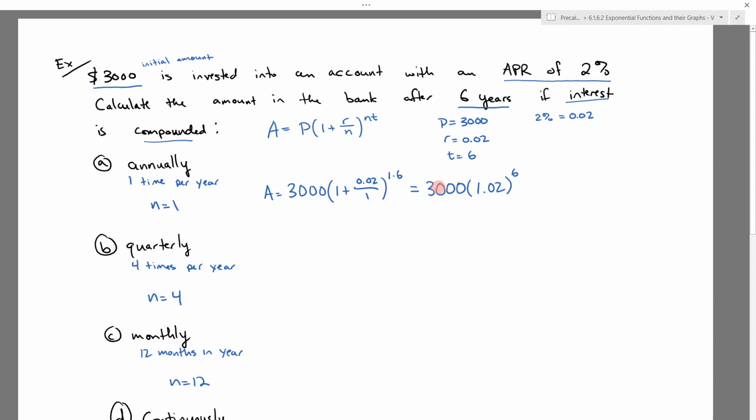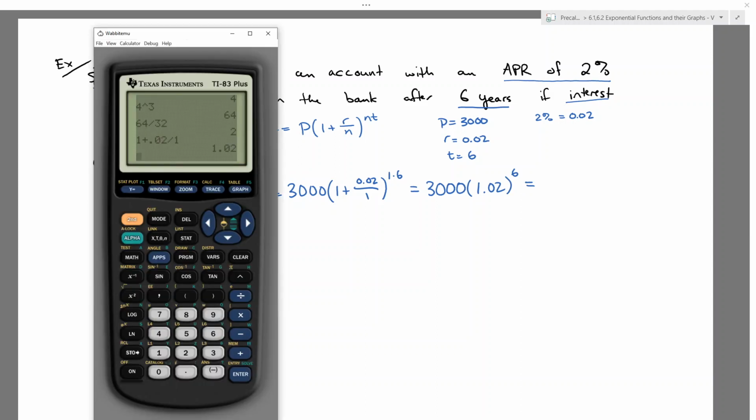And then now we can calculate this thing.